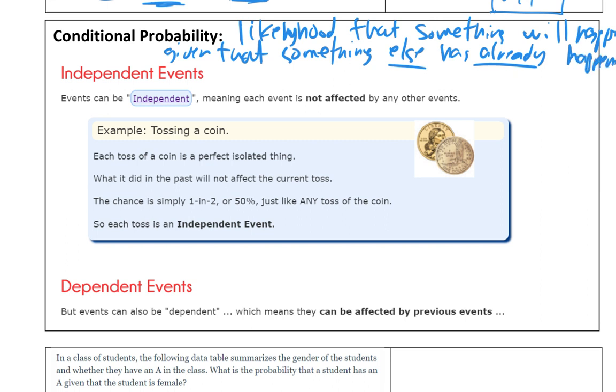Okay? So it's the likelihood that something will happen given that something else has already happened. Okay? So independent events are independent, meaning that each one is not affected by other events.